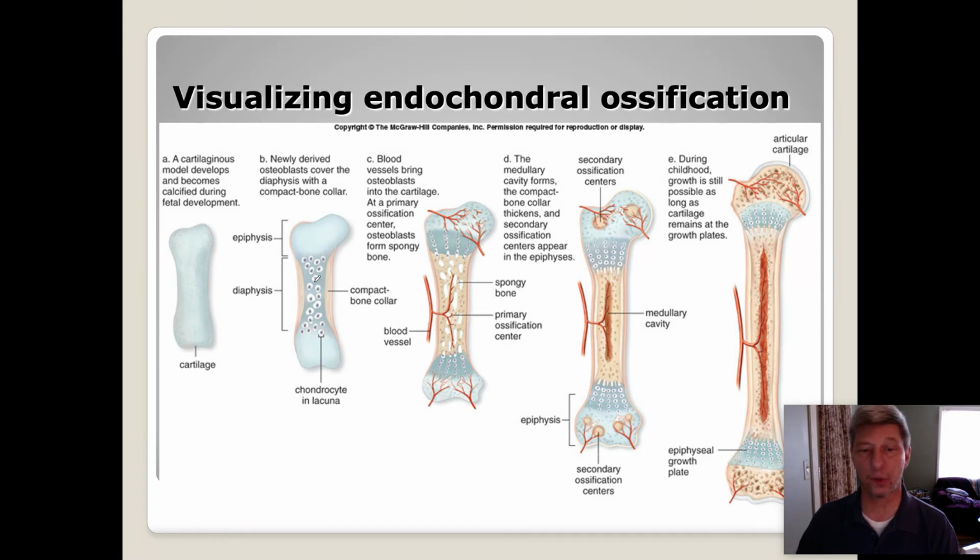These are the cells that produce cartilage, but then some osteocytes will start forming around that, and they make a collar around the diaphysis of the bone. You can see in the next stage, most of that has been ossified and become spongy bone, but the ends, which are still growing, are still made of cartilage. Eventually, they will begin to ossify as well, starting with secondary ossification centers.